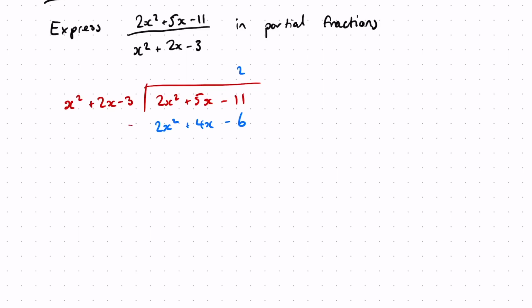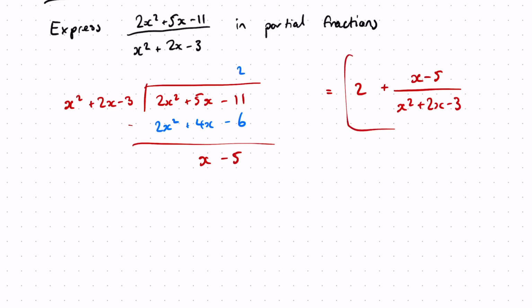When I take them away from each other, I'm left with just x minus 5, which means another way of writing this fraction here is 2 plus x minus 5 over x squared plus 2x minus 3.